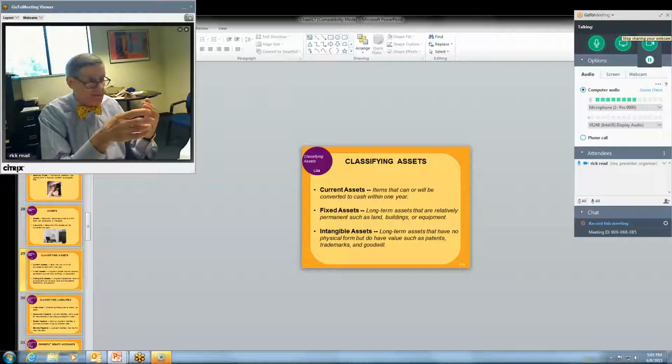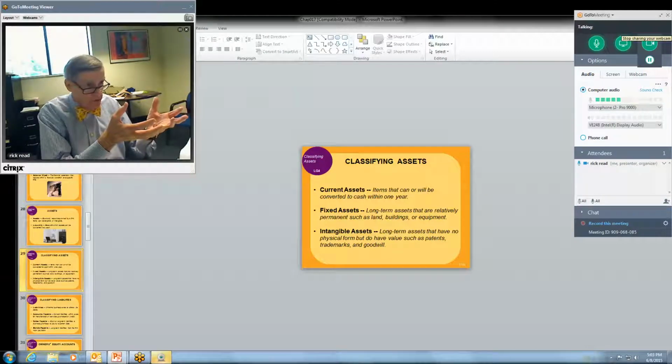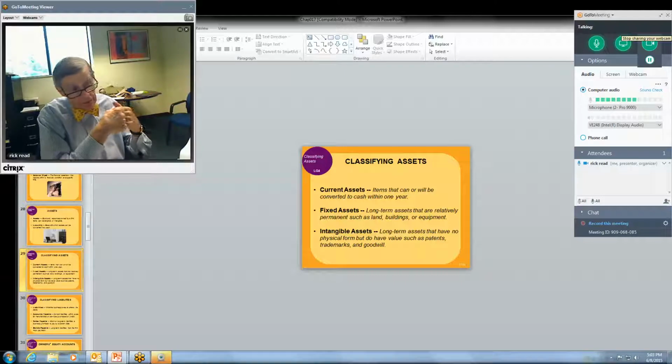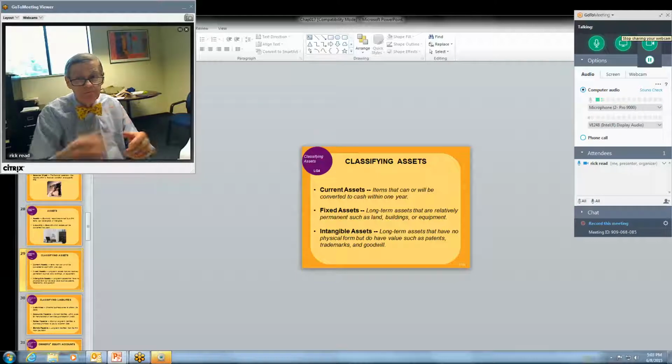A fixed asset is something that's long-term, usually equipment, buildings, land, things of that nature. And then intangible assets are things that you can't pick up and say, oh yeah, I know what this is worth, but they have value. Things like patents. What's a patent worth? It's very difficult to say. But then other things that you own, trademarks, and the thing that I mentioned before, goodwill.